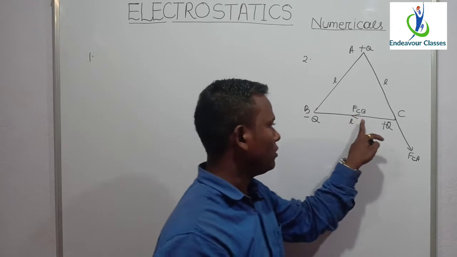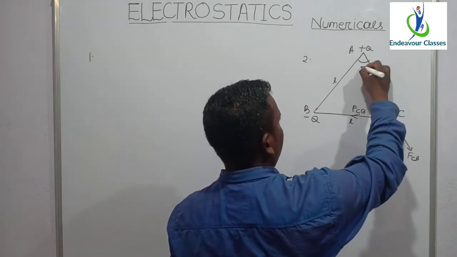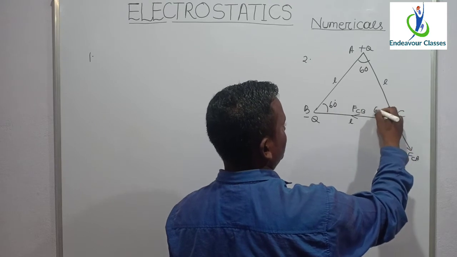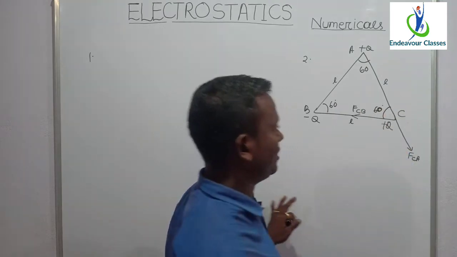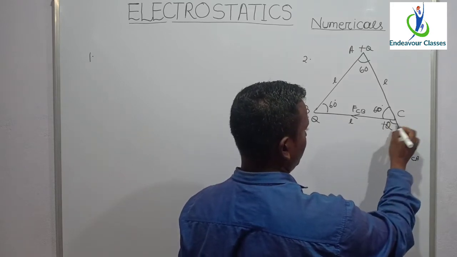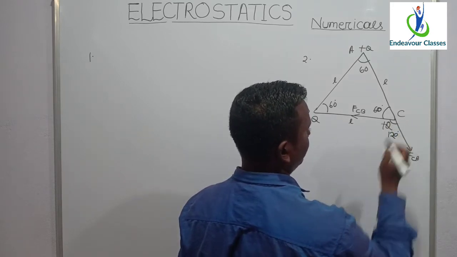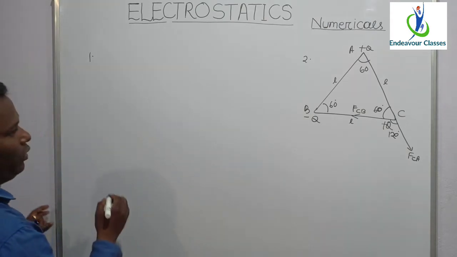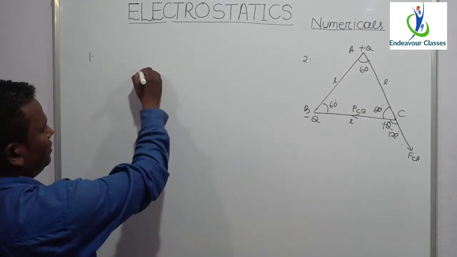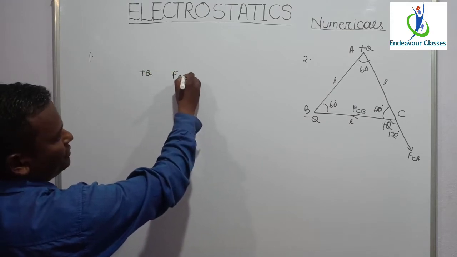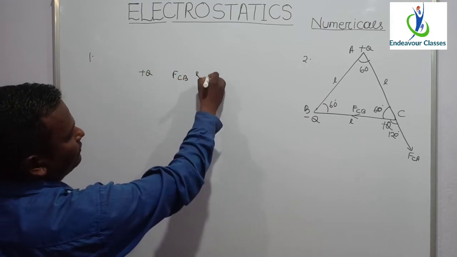So now from the geometry, as we know, this will be 60 degree, this is 60 degree and this is 60 degree. This is an equilateral triangle. So this angle, by geometry, will be equal to 120 degree. So here we got two forces, that means the plus q is experiencing two forces, that is FCB and FCA.